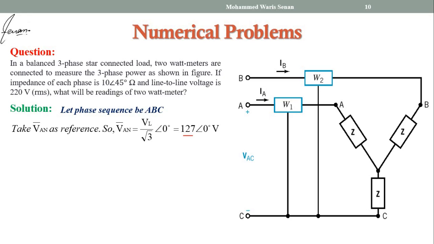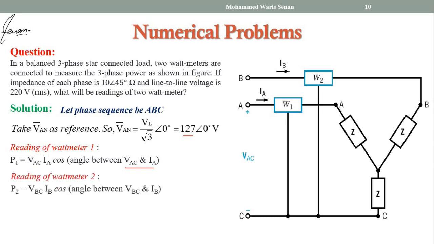Now let us start calculating the reading of the wattmeters. Wattmeter 1 will read P1 equal to VAC, the voltage across the potential coil, which is connected between line A and C, and IA, the current through the current coil. So P1 is VAC into IA, into the cos of the angle between VAC and IA.